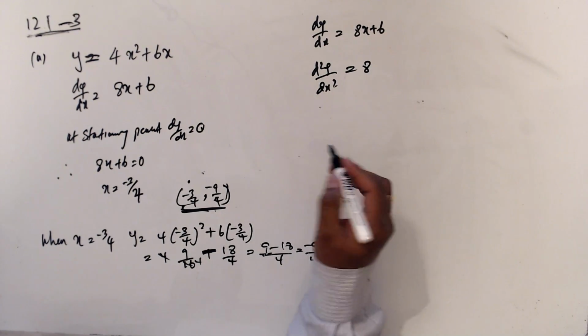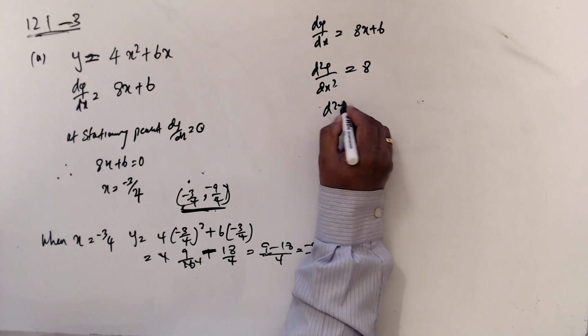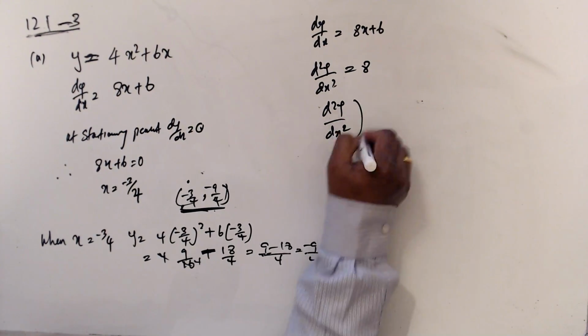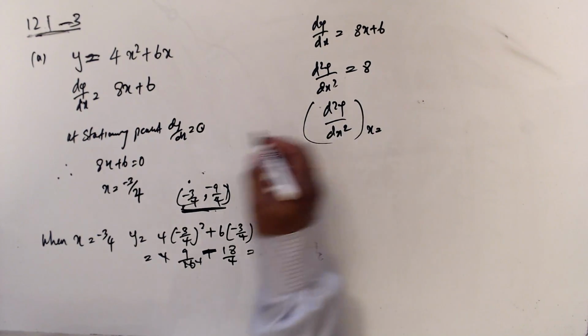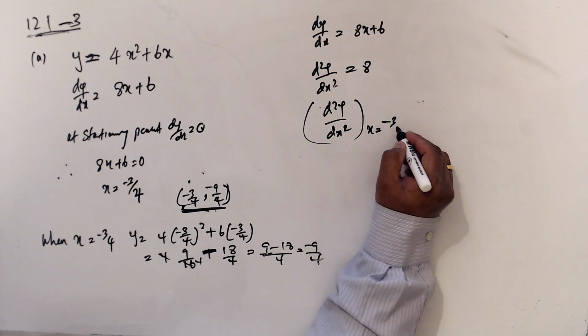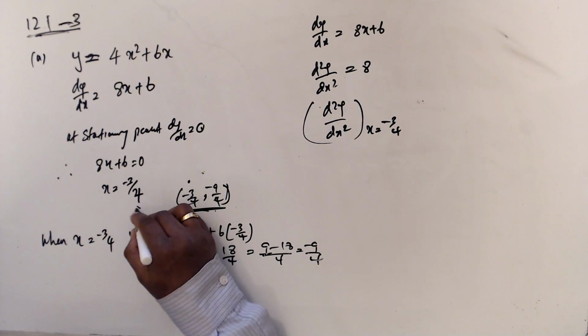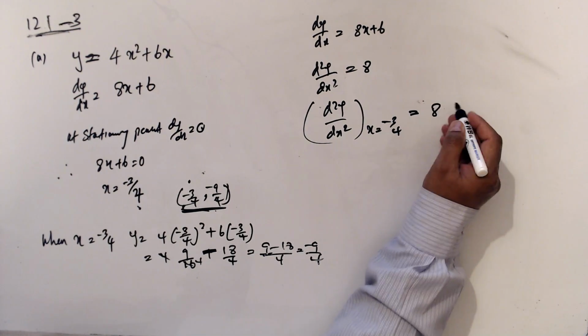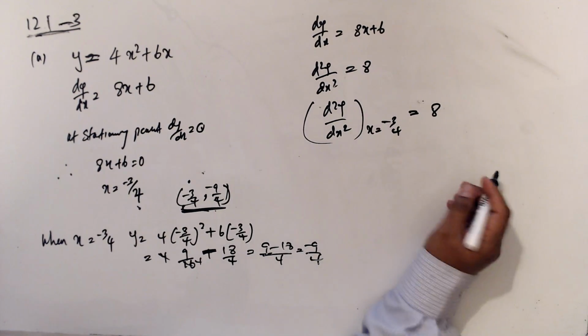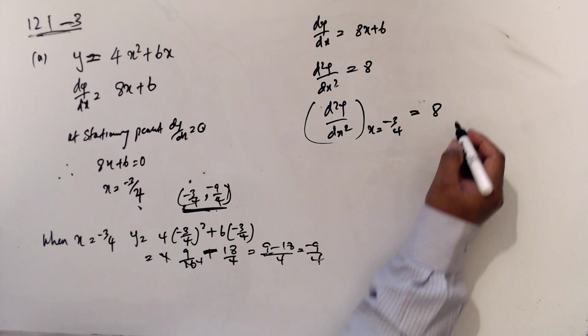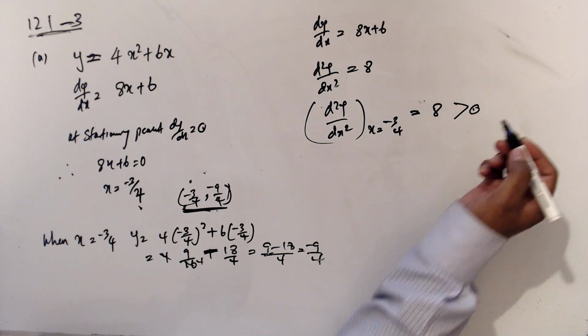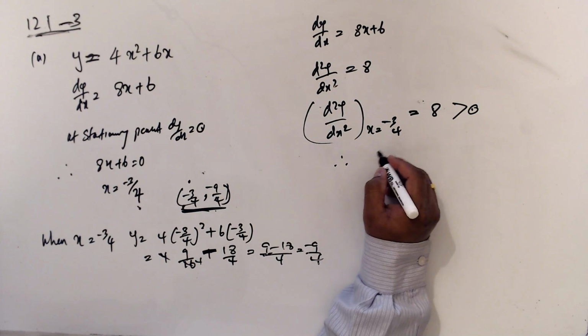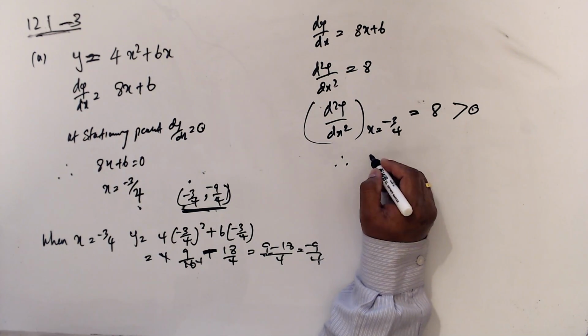Now at which point? d squared y over dx squared when x equals minus 3 over 4. This is the point, and there is no x, so the answer is 8. It doesn't matter, 8 is greater than 0. Hence, if it is greater than 0, what is this point?